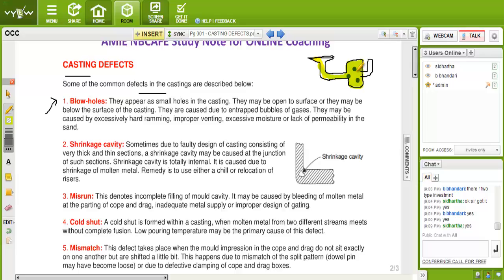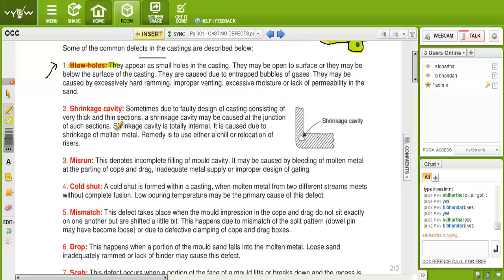Okay, so it creates a small hole above the surface or below the surface, because it is making these holes in this final product to leak out for evaporation. Okay, so this type of defect is called blowholes. Is it clear? Okay, now shrinkage cavity.